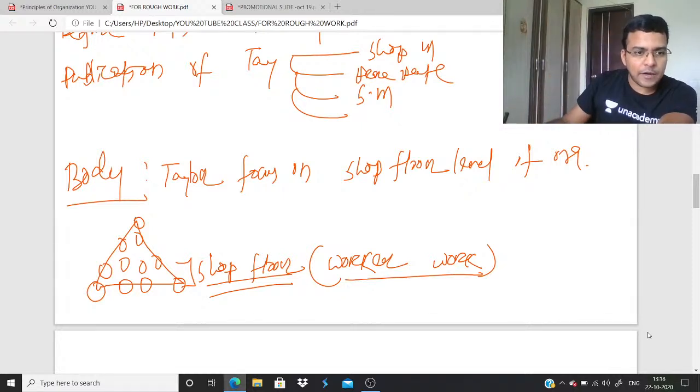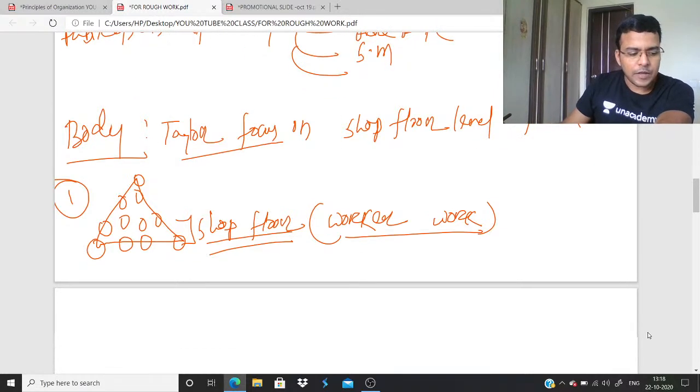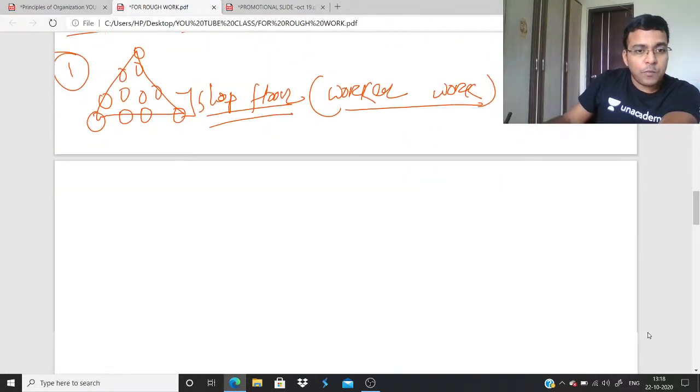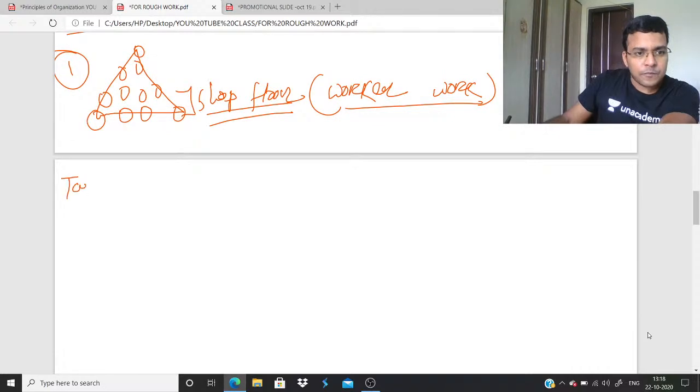So draw one simple diagram, highlighting that this is the shop floor level and Taylor focused on the shop floor level. So what problem did Taylor find? Taylor found a problem at the shop floor level.